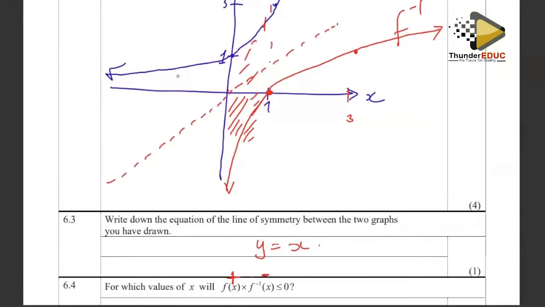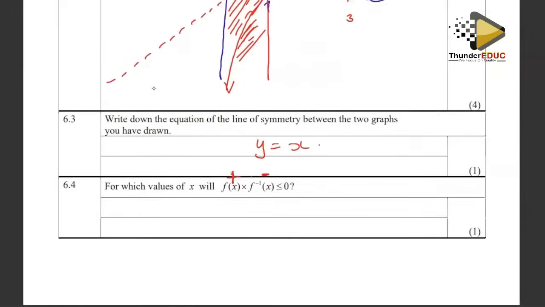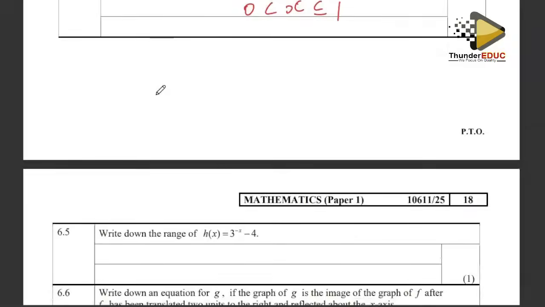If I'm to draw my line, it's just this section here. One is below, the other one is above. So between 0 and 1. So my solution in that case would have been 0 less than x less or equal to 1. I don't want to put the equal sign because 0 is an asymptote to the other graph.